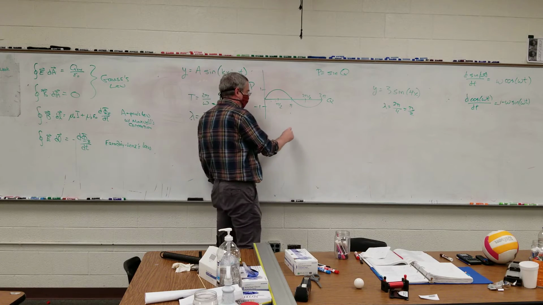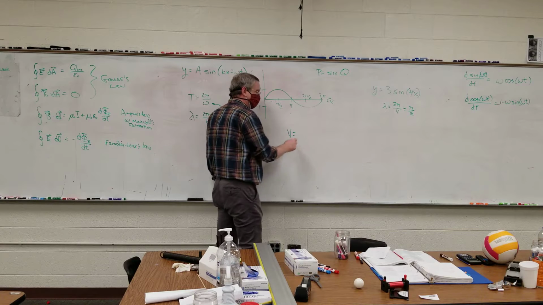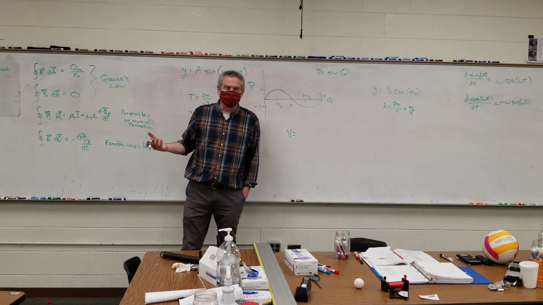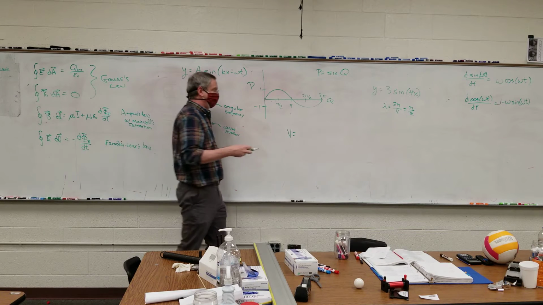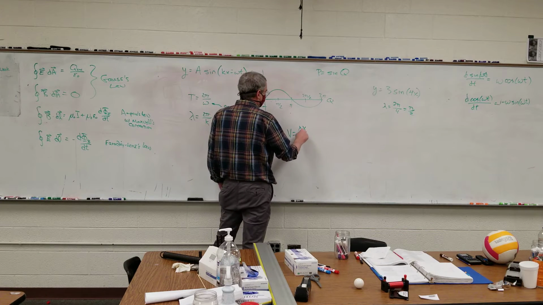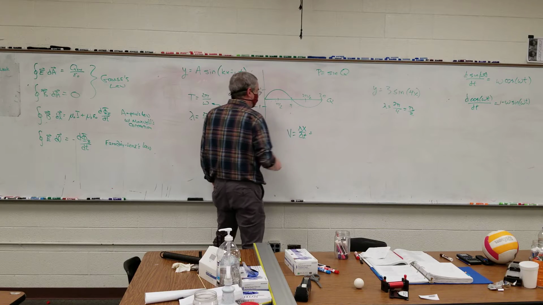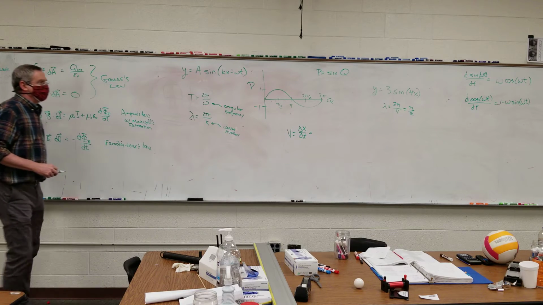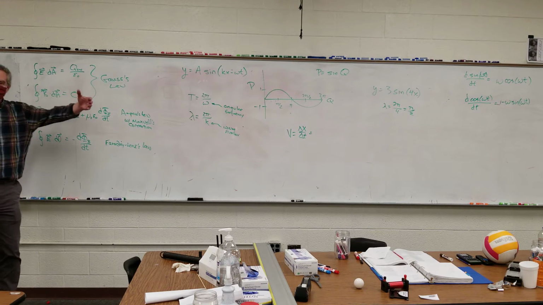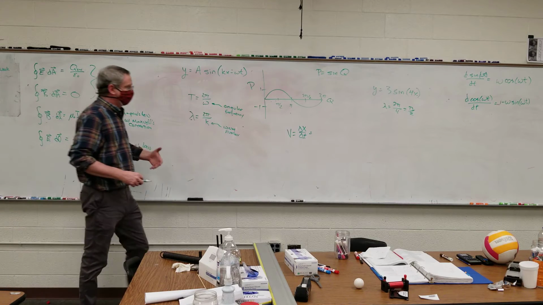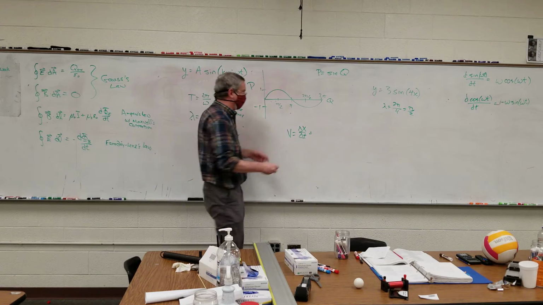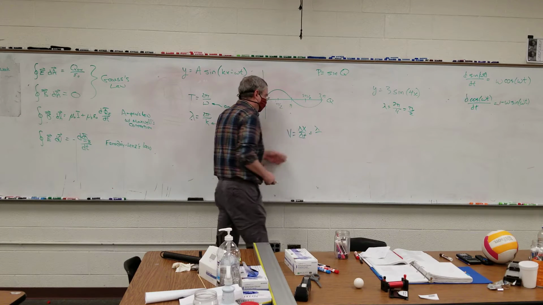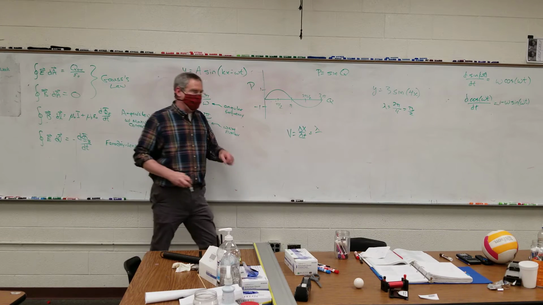If I wanted to look at the speed of a wave, first off, what is speed? What's the formula for speed? dx dt. All right, delta x over delta t, distance over time. If I'm creating a wave, the distance that wave travels is the wavelength, and the time it takes me to create one wave is the period.